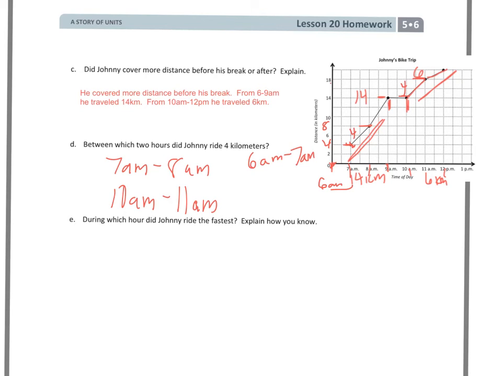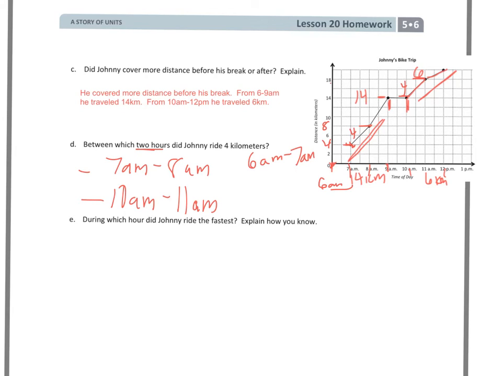So there were actually 3 different times between hours where he traveled 4. It means between which 2 hours: 7 a.m. and 8 a.m., 10 a.m. and 11 a.m., 6 a.m. and 7 a.m.